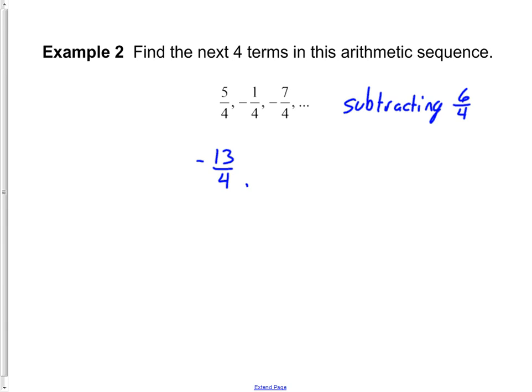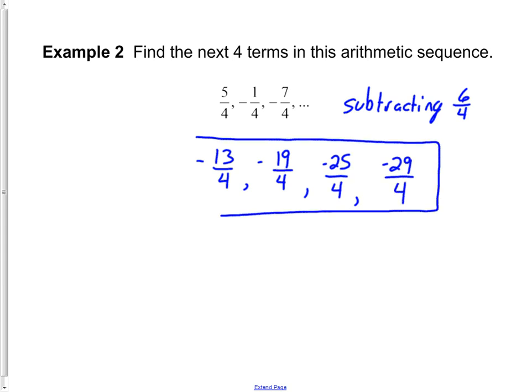Minus 6/4 would be negative 19/4. Subtracting 6/4 again, negative 25/4. And negative 29/4. Those would be the next 4 terms in my sequence. It's an arithmetic sequence because the common difference is negative 6/4.